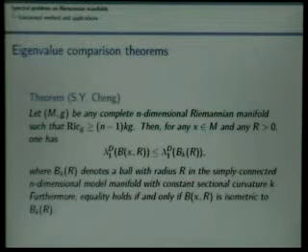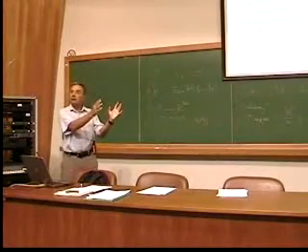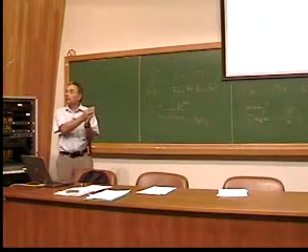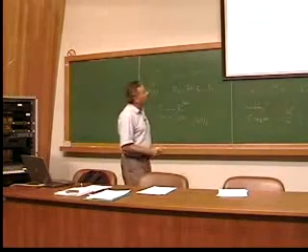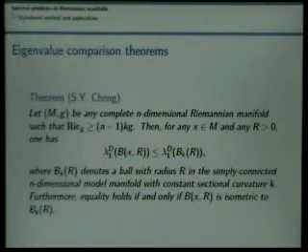It doesn't mean that you don't have to be clever, but it's somehow easy because you have the min-max. So if you are clever enough, you find a nice function, you plug it into the min-max, and you get a nice estimate for the eigenvalues. Okay, so that's mainly the idea here.